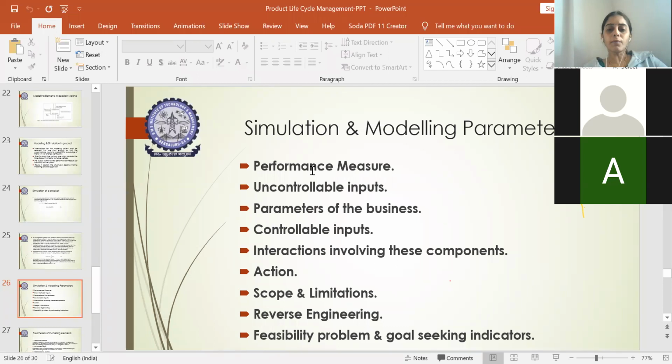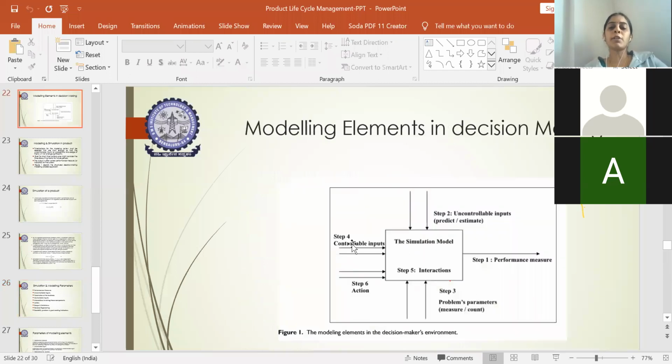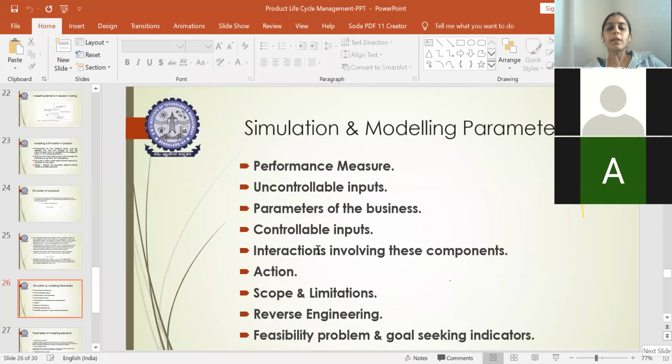So you have different components. The interaction taking place among all these components will be handled in the simulation model. I have shown you the interaction session also, in which all the parameters interact. And finally, the action will be taken based on the interaction, which has also been explained to you.